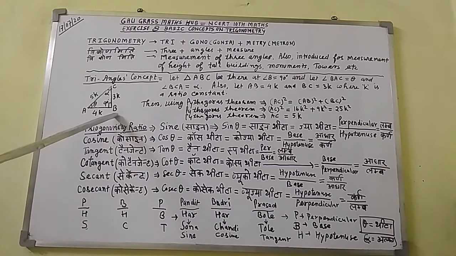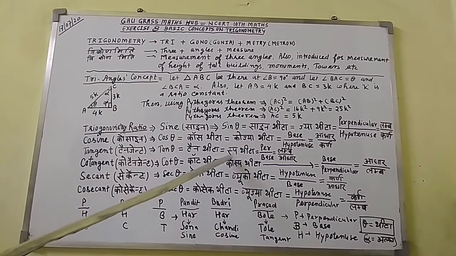The opposite side BC. That means BC is the opposite side of angle theta or angle A. That's why BC is called perpendicular with respect to angle theta or angle A. And with respect to angle theta, AB is the adjacent side that will be known as base of the right angle triangle.